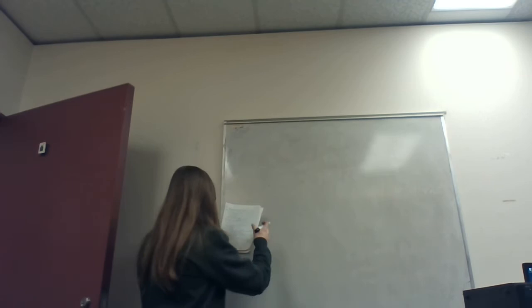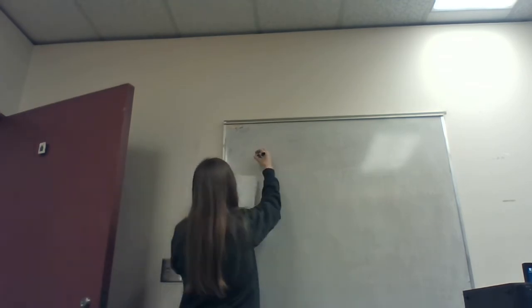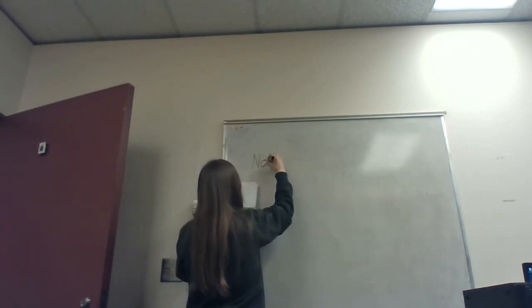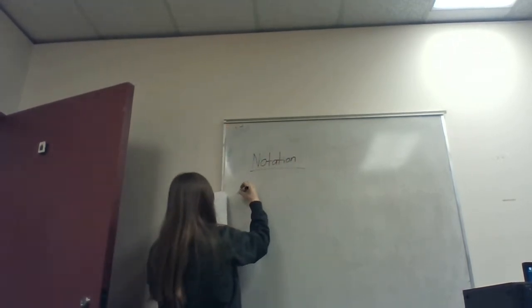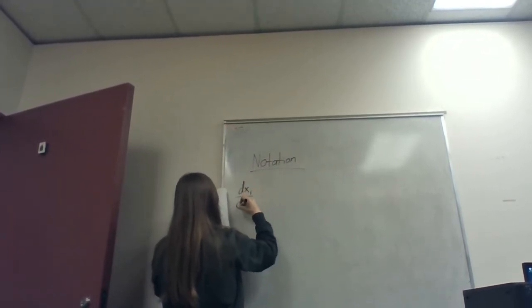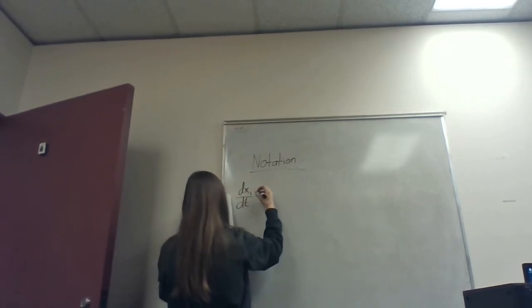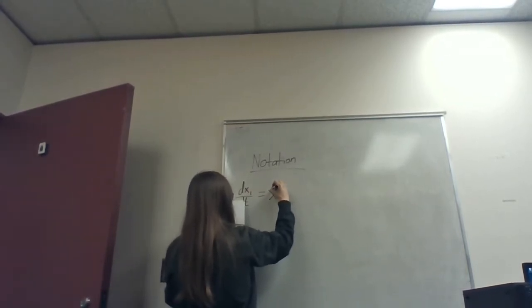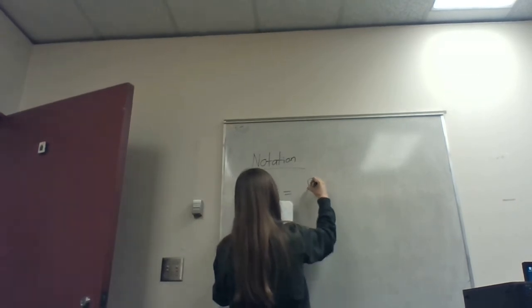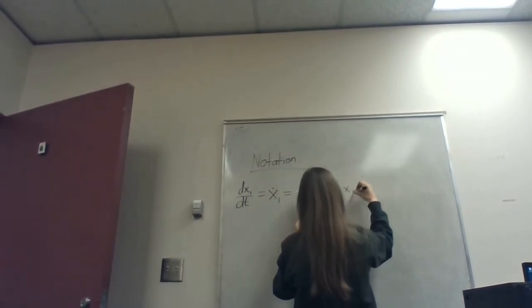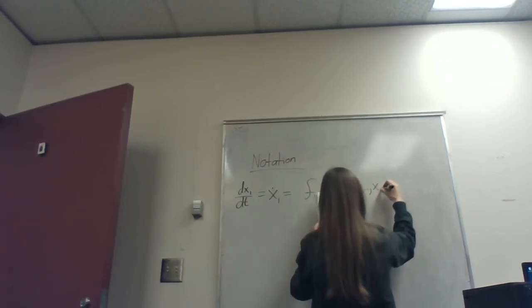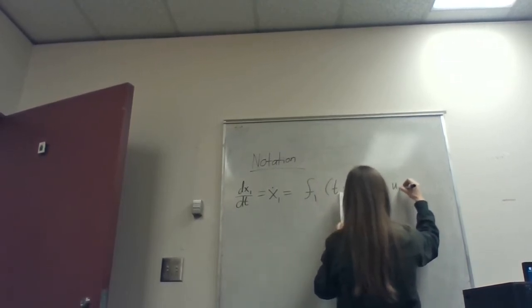So now we're going to define some notation. This is notation that we are always going to use in nonlinear systems. This is for a nonlinear system. This is what I'm going to use to represent systems of nonlinear differential equations that have inputs.